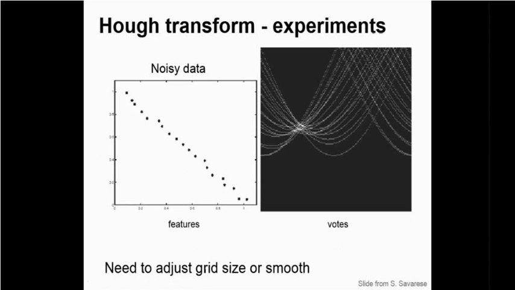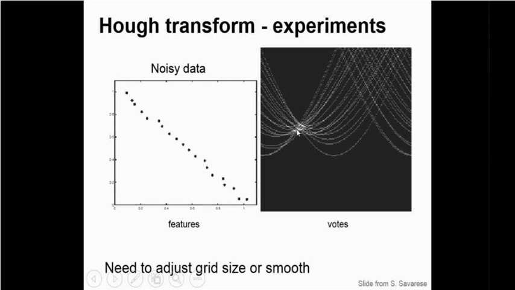Now, one downside is that if you have some noisy data and you bin your parameters too finely, then you might end up with many local maxima, because if you're trying to fit lines very closely to these points, you could fit many such lines. For example, one through these points and a different one through these points. And those will show up as different local maxima.